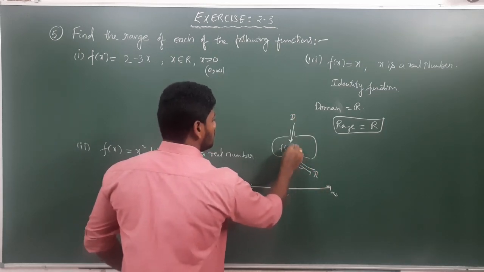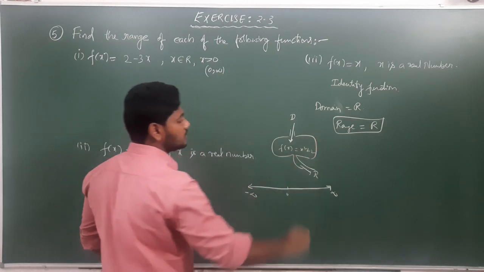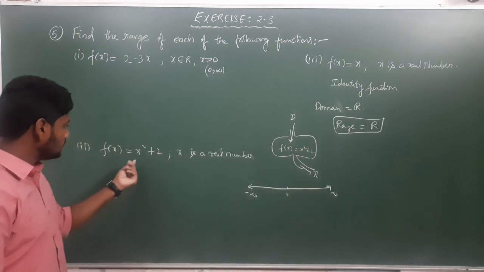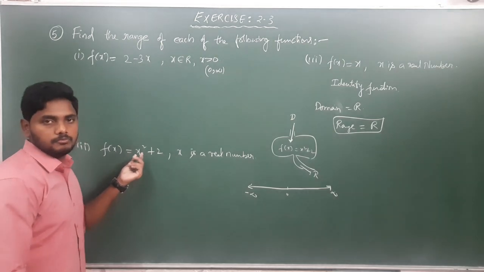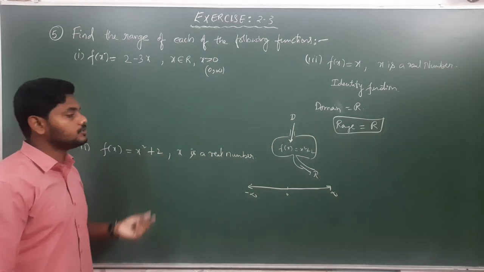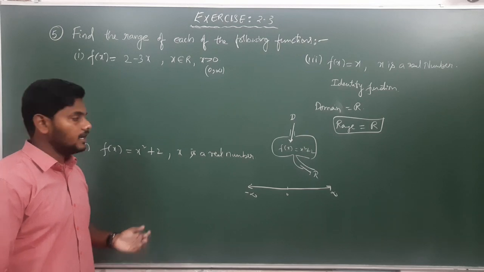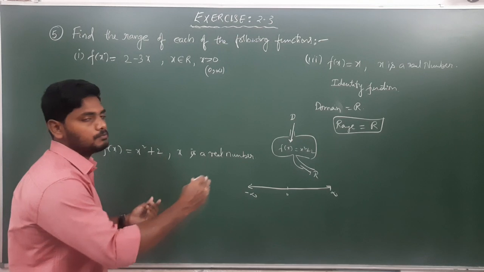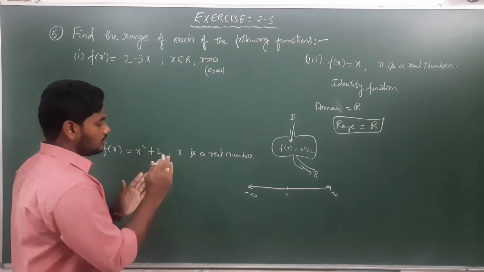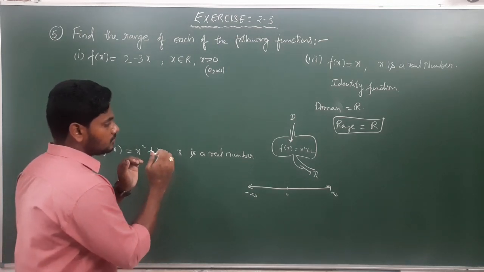Here the function is f of x equals x square plus 2. If you observe, x square will always give positive or negative? Positive. Positive plus positive. At any time will it become negative? No. Positive plus positive is always positive. But when it comes to range, we need to limit it.